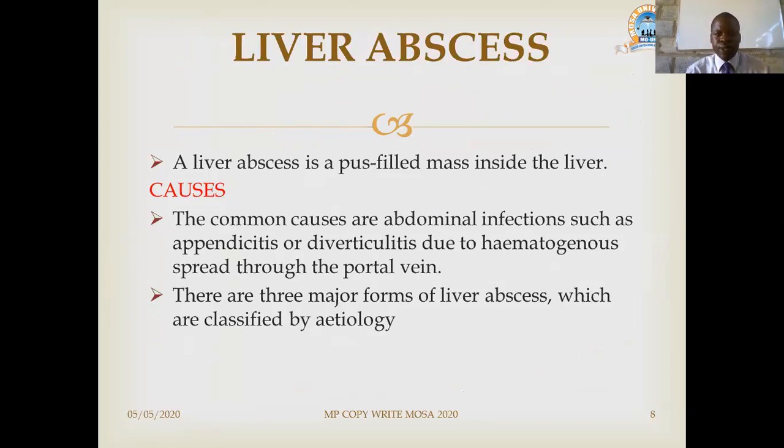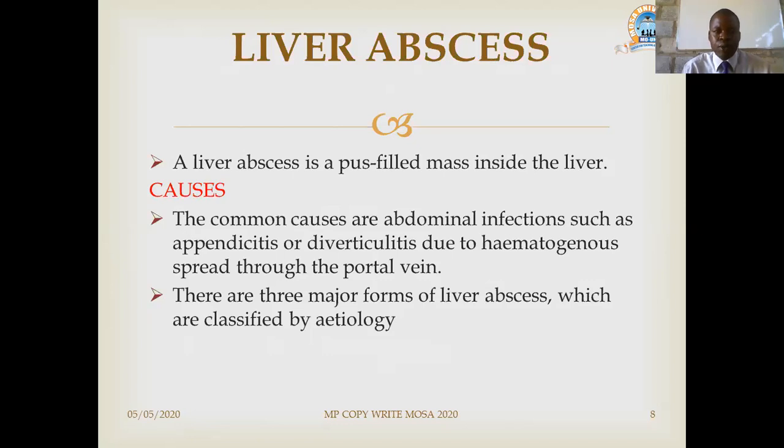Our first condition that we're going to look at today is the liver abscess. A liver abscess is a pus-filled mass inside the liver. It's pus which is found in the liver.